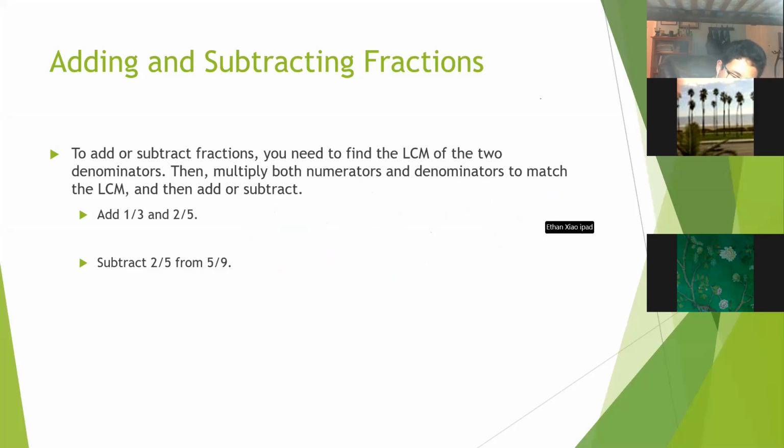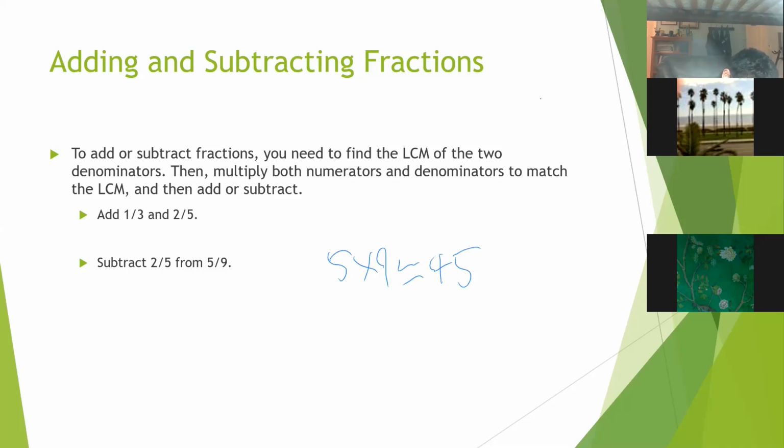Next, what we do is subtract 2/5 from 5/9. Again, we have to find the LCM of the two denominators. So 5 times 9 is 45. The LCM is 45 because 5 and 9 don't share any factors, so you just multiply the two numbers.